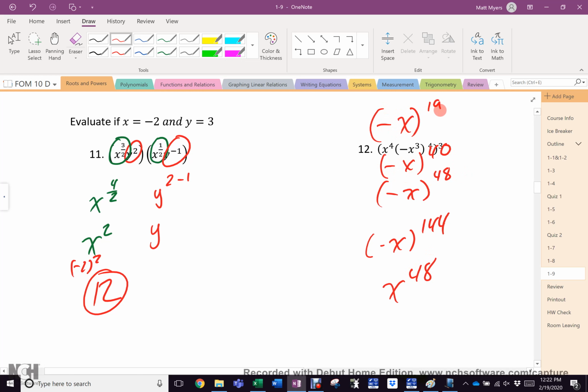Anybody else? The right answer is on the screen. Simon, what do you have? You have x to the 48? Okay. I've already written that one down. I'm telling you the right answer is on the screen. Everybody make a choice.